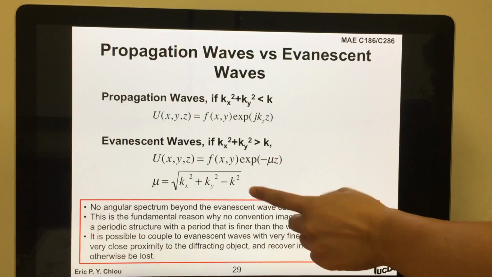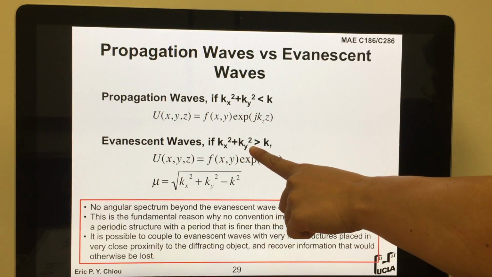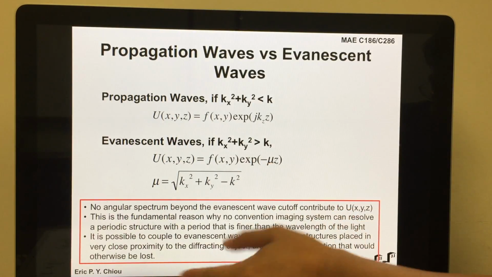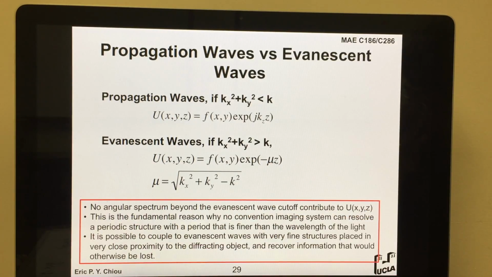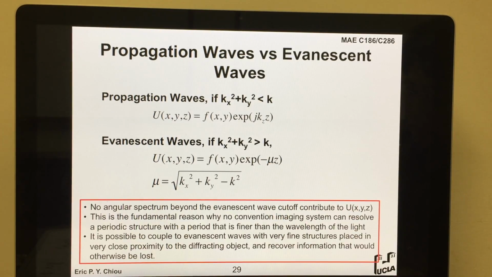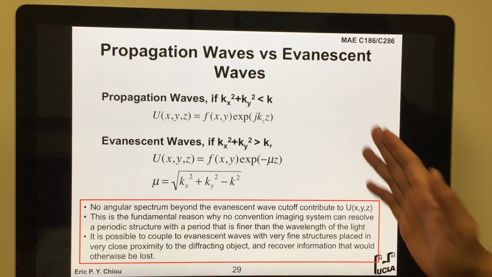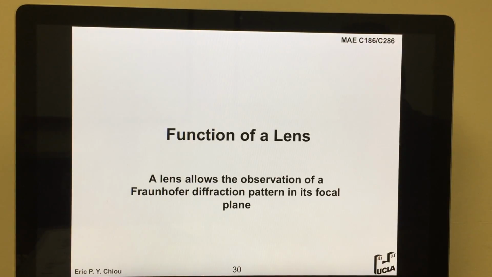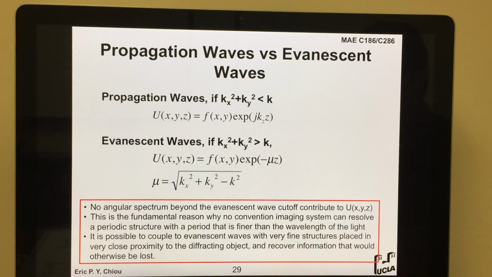Any frequency higher than k will only exist in a location very close to your object plane, and then it quickly decays, so you won't be able to observe it in the far field, because those waves don't propagate.